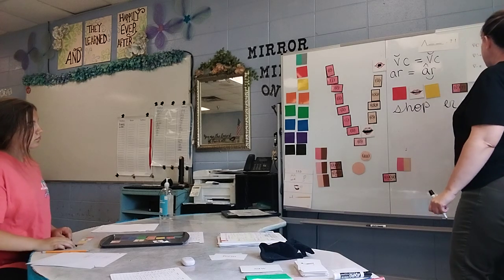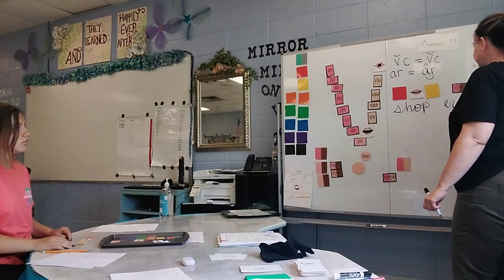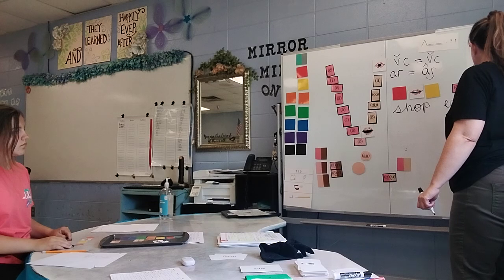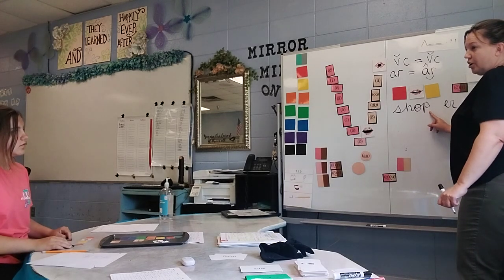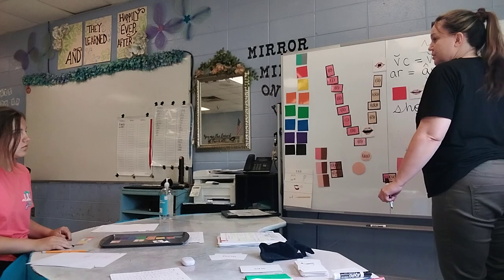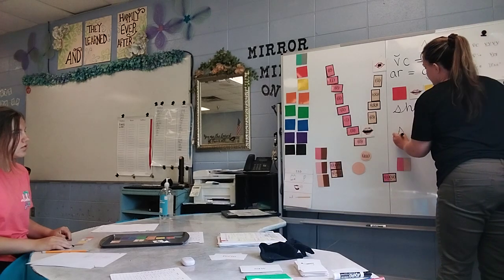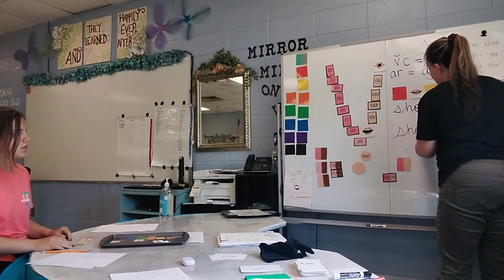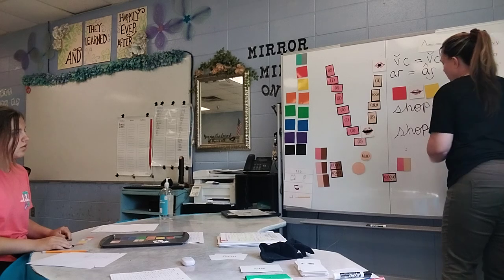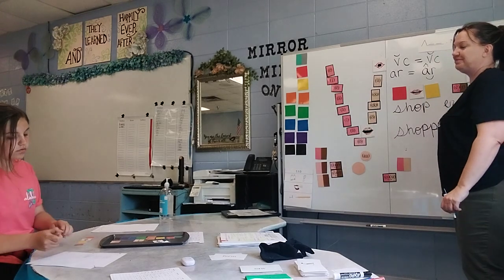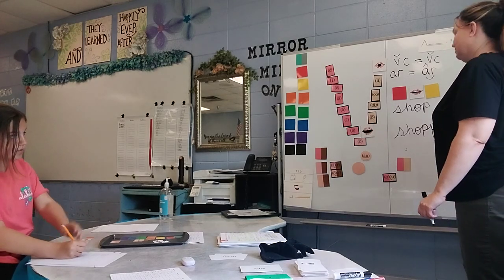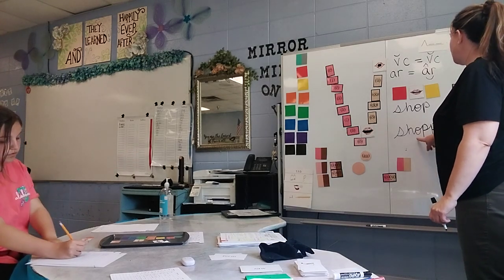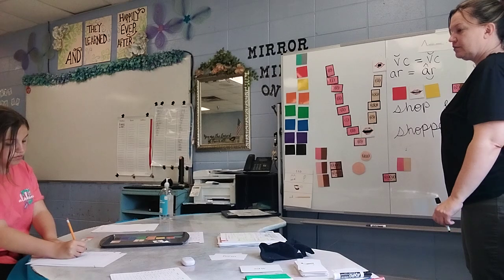All right, so we are adding a vowel suffix. It ends in a vowel and a consonant, so we can't just add, we have to double the consonant. So how would we spell this one? S-H-O-P-P-E-R. Okay, do it on your paper. Just like that. Shopper. And we're going to code and read.